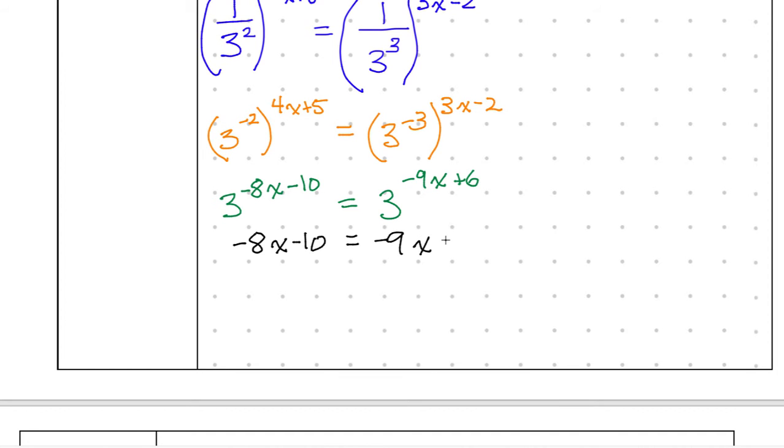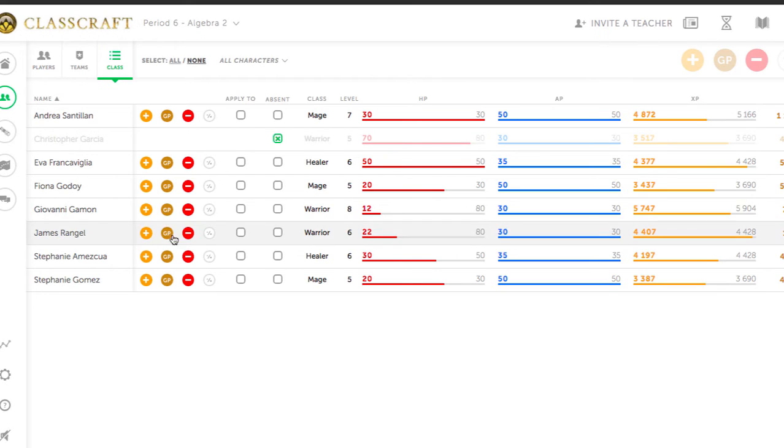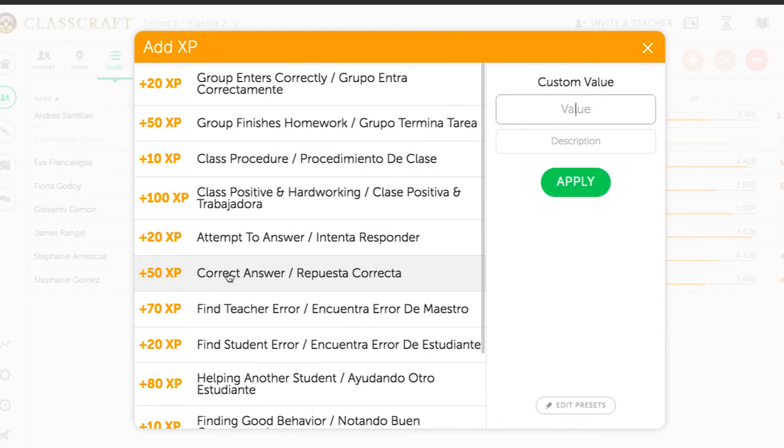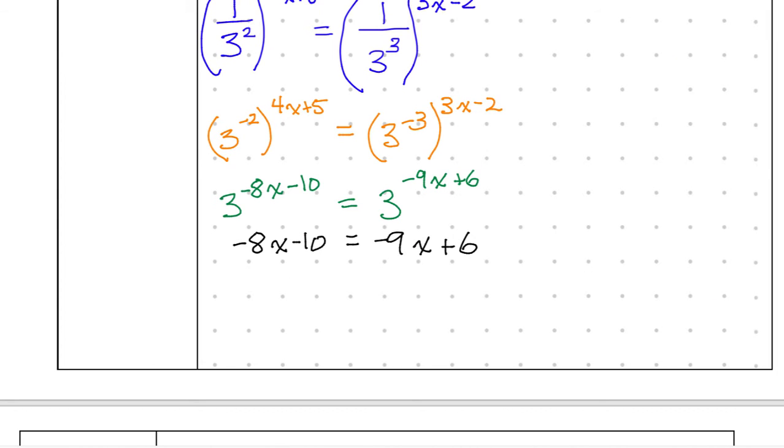Negative 8x minus 10 equal to negative 9x plus 6. Well done. There's the next step. And someone get me an answer. Yeah, go for it, Fiona. 16. Say it one more time. 16. X is equal to 16.